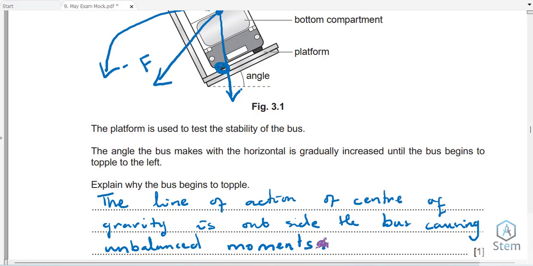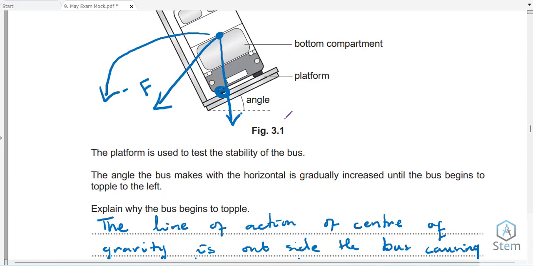So the line of action of center of mass or center of gravity is outside the bus, causing unbalanced moments. This is what causes objects to topple over. If the center of mass is very high, the bus will quickly topple over. If the center of mass is very low, let me show you.